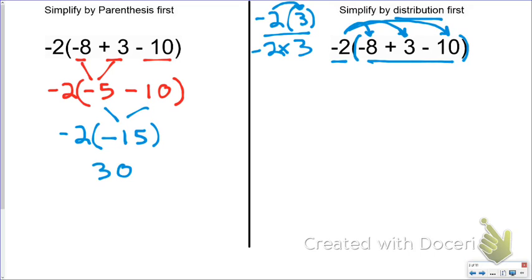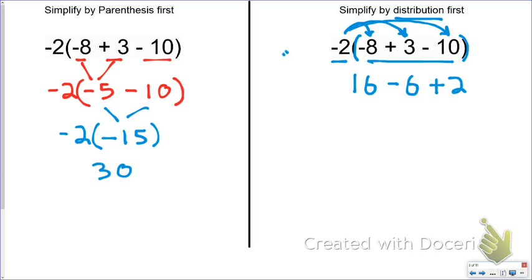That's important to understand. This is multiplication. Okay, so anyway, I can show this distribution using multiplication here. -2 times a -8 is a positive 16. -2 times a positive 3 is a -6, and then -2 times a -10 is a positive 20.